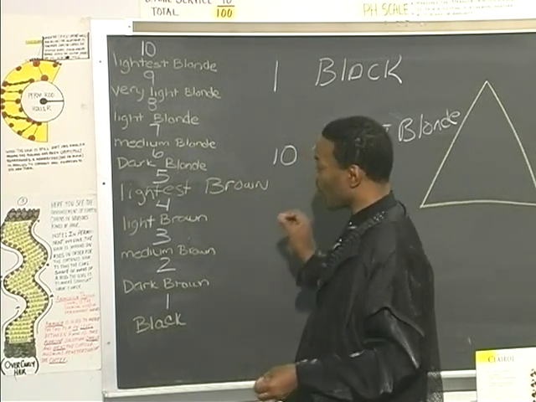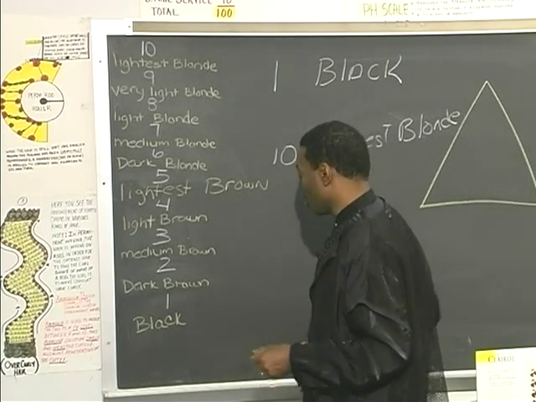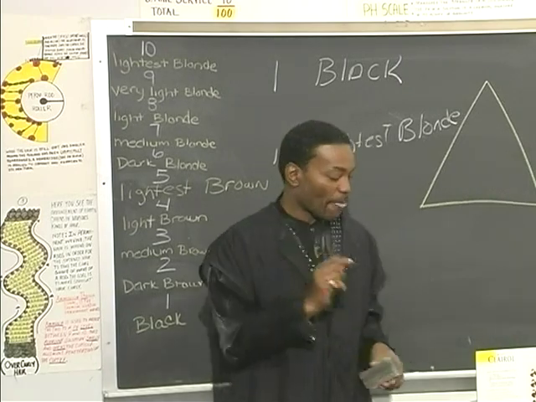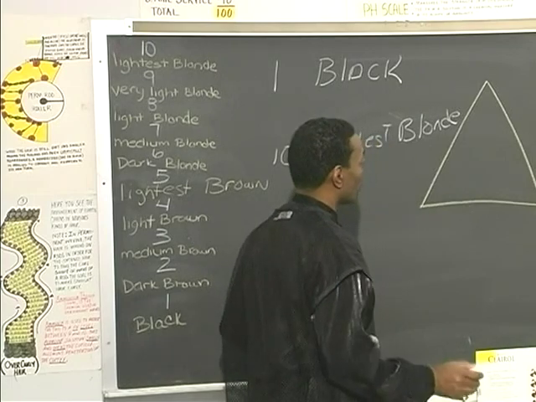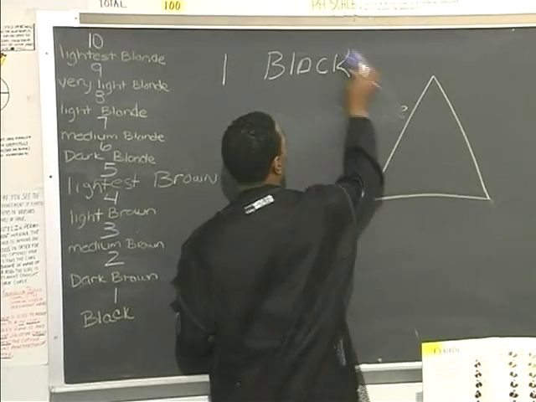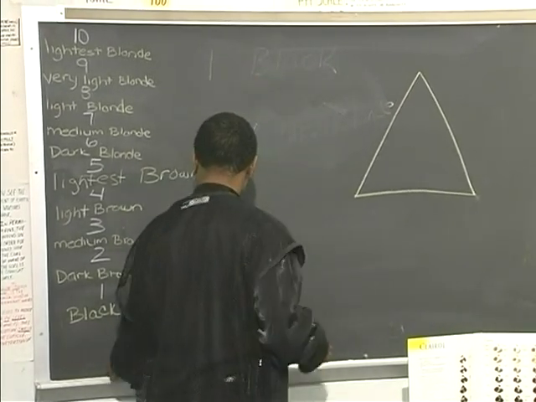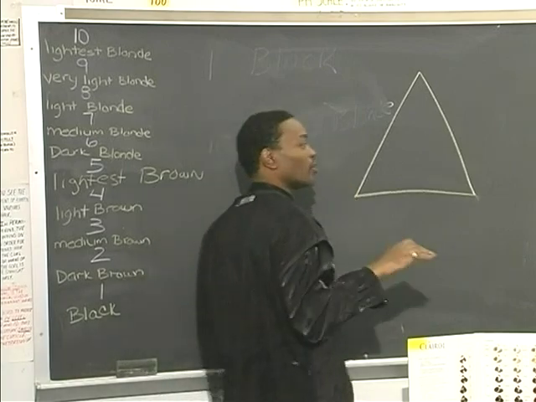Now, tones, we know that tones is the colors that you see. When you're dealing with color and your color wheel, you've got primary colors. And not only do you have primary colors, you've got secondary and tertiary colors. But let's just deal with the first two.